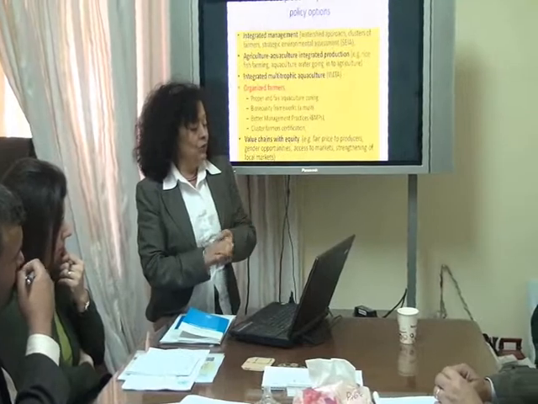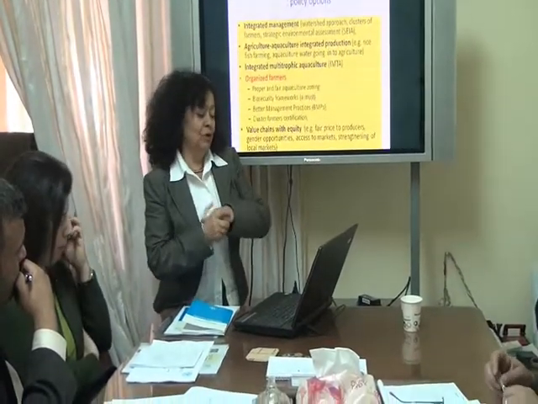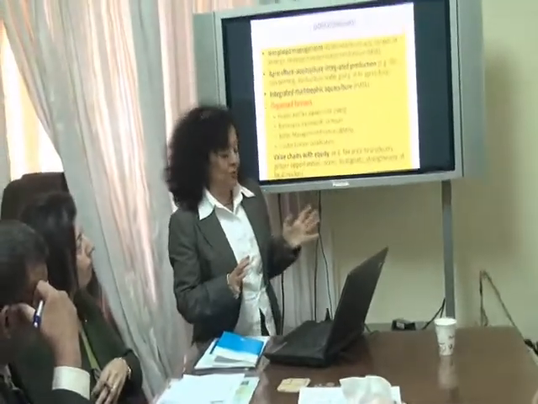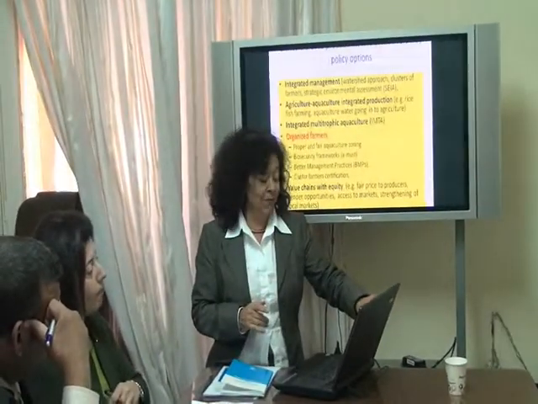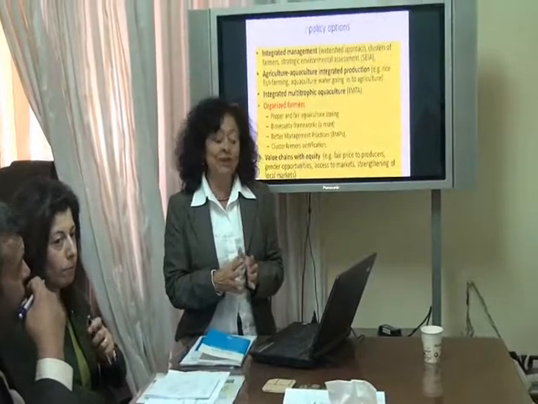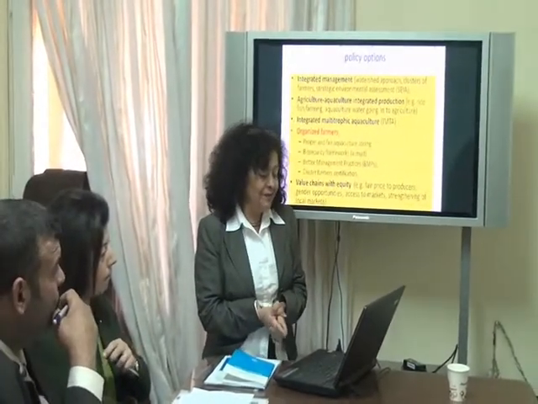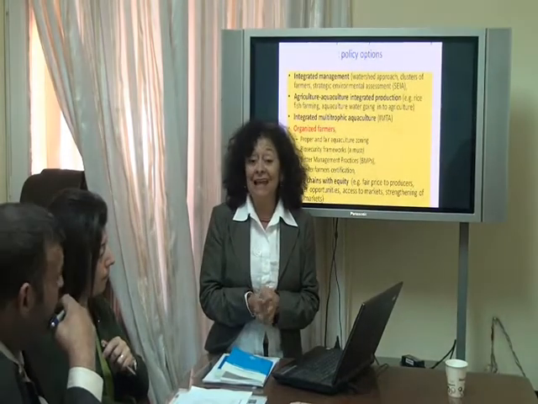So, why do we use the ecosystem approach and the code of conduct to increase productivity? There are many policy options. For example, integrated management, what we call the watershed approach, cluster of farmers, strategic environmental assessment.